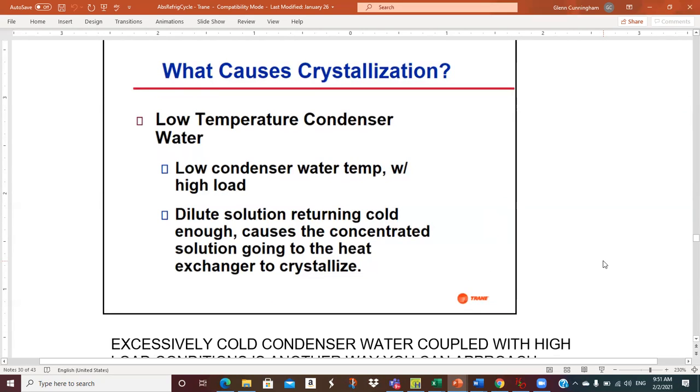Well, if it's a day you're running the chiller, but it's really not all that hot outside, and you've got big buildings with central core areas that require cooling all the time, you can drop your condenser water temperature to 60, high 60s, 70, 75, whatever. And if you get it down too low, this can lead to crystallization.